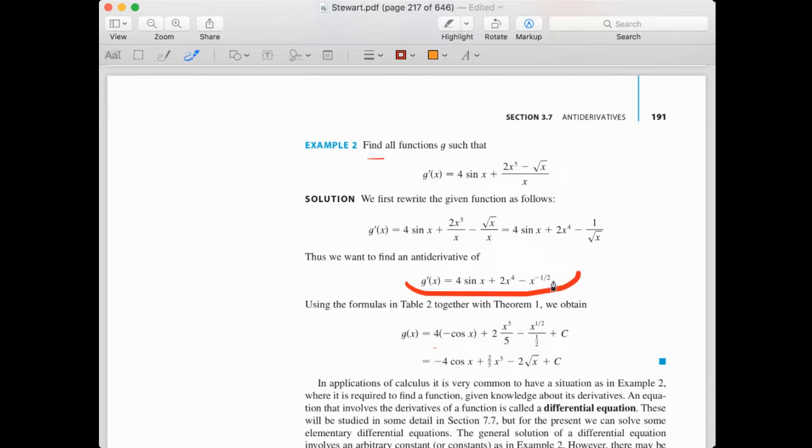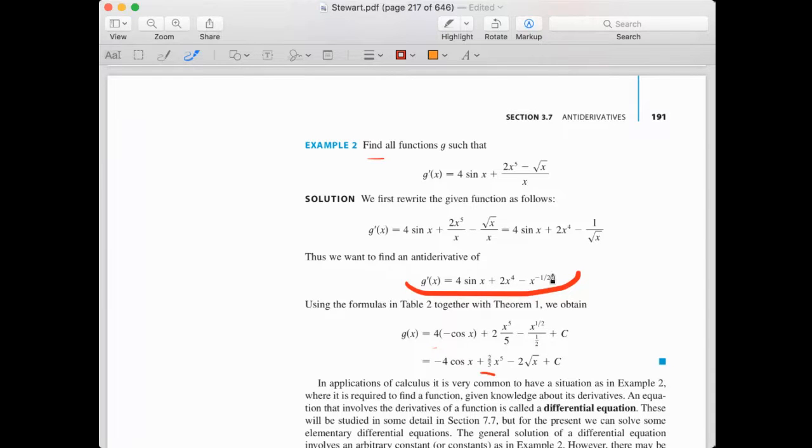Now we use power rule for those two. Power rule for antiderivative is saying add 1 to the exponent. Now this becomes x raised by 5, then divided by the new exponent, 5 divided by 5. Simplify this, we have 2 over 5 x raised by 5. Same thing for this term.